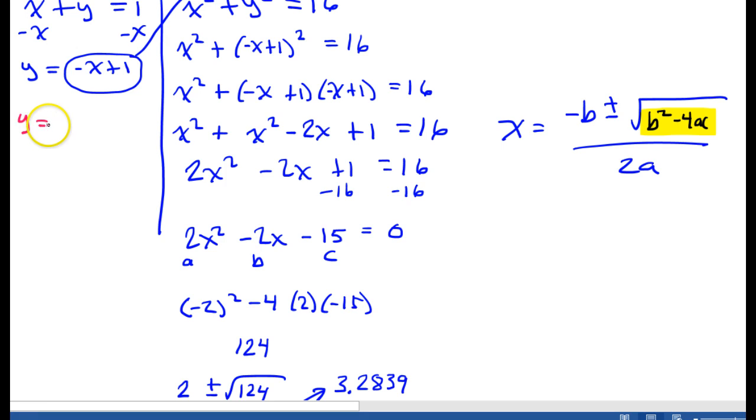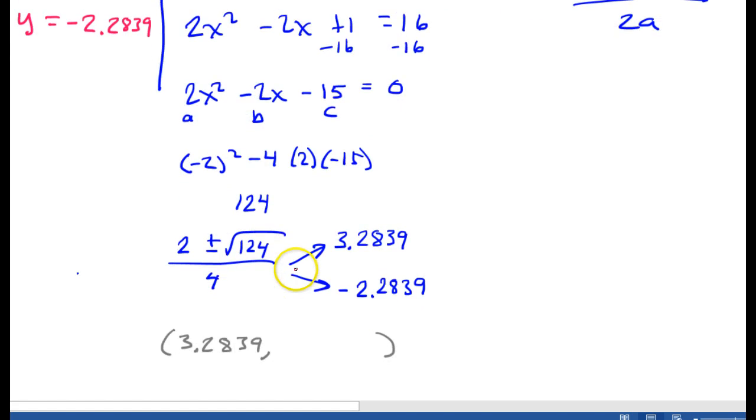Okay, so that would be y equals negative 3.2839 plus 1. Well, we don't need a calculator for that. That would be negative 2.2839. So that's the y value that goes with this x value.